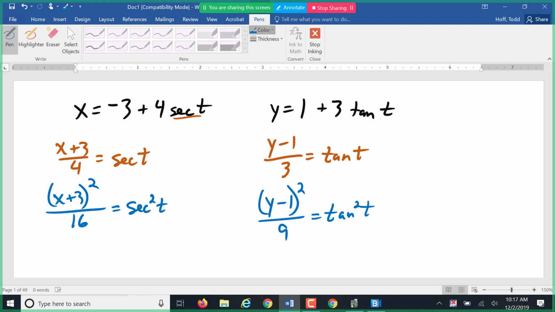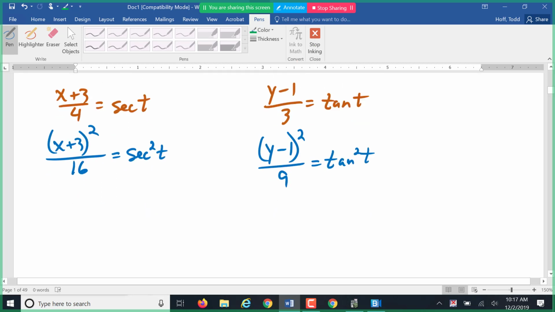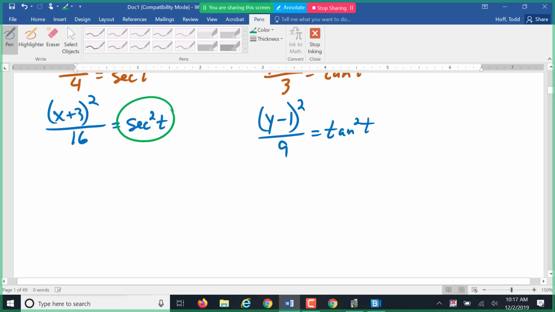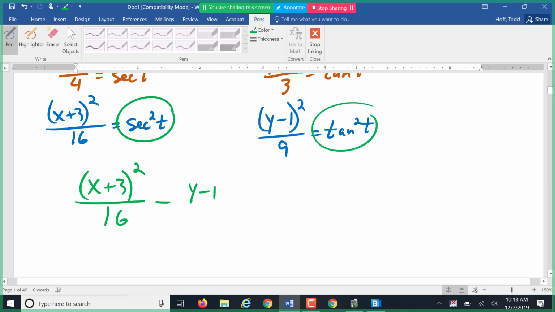And then placing that into secant squared minus tangent squared, so secant squared is this, x plus 3 squared over 16, minus tangent squared, which will be the y minus 1 squared over 9, equals 1. I get that hyperbolic equation.